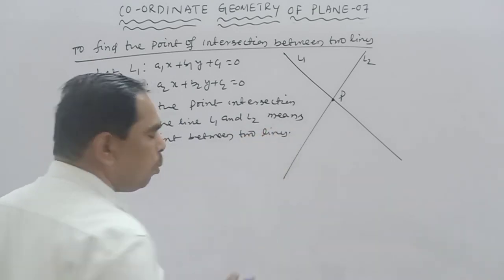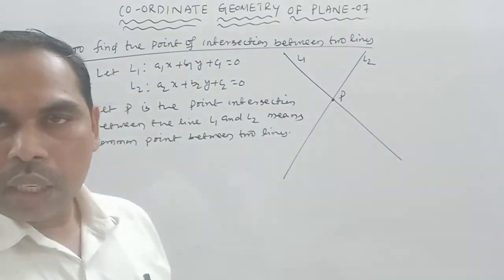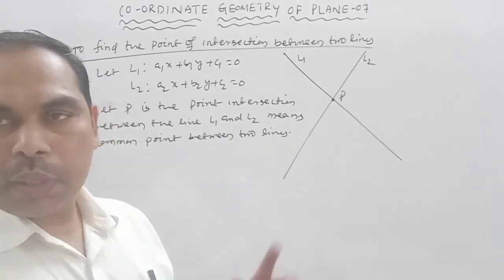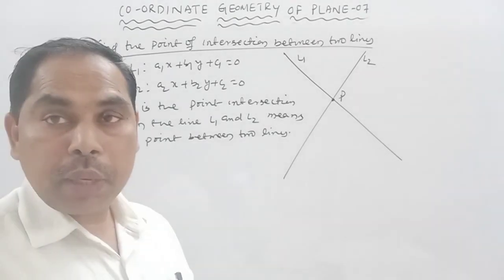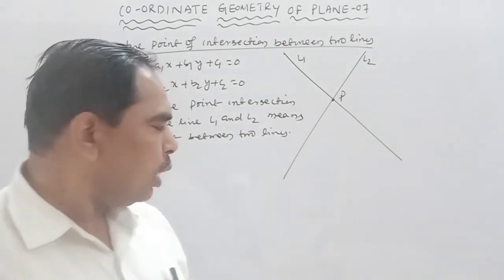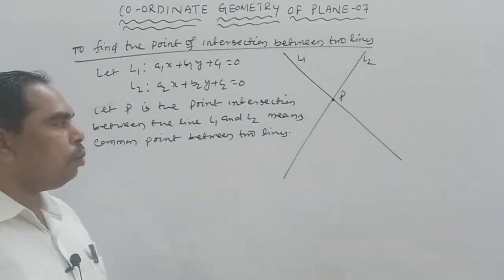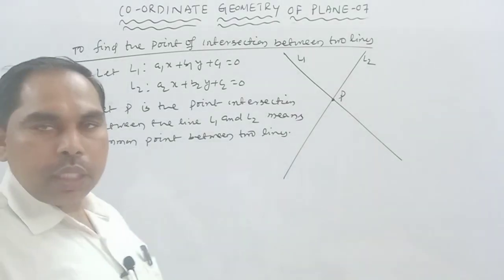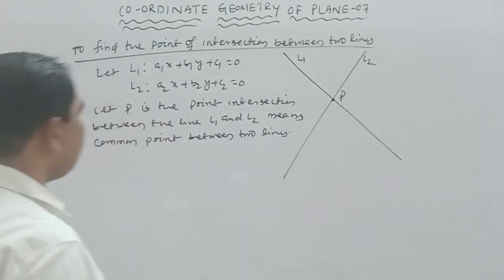If two lines are not parallel, then they must intersect at some point. Okay, so the common point between two lines means solving the above equations.